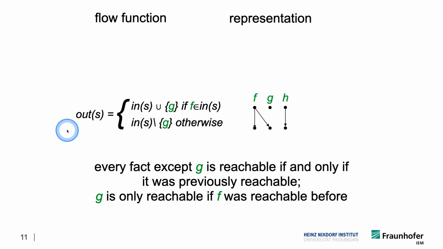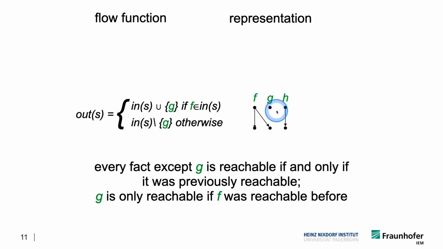Now we can extend this, right? We can also say in the else branch here, we want to kill g, right? So in the other case where f is not in the inset, we want to kill g, we want to take it out of the set. And killing is simply done by not putting an edge here, right? So this data flow function representation would generate g if f is valid earlier, just as before.